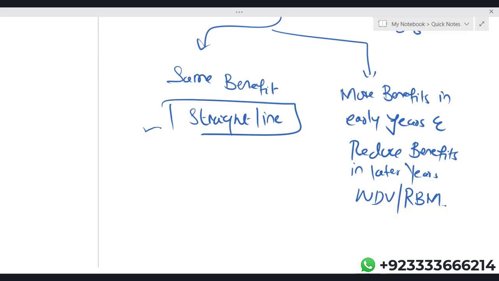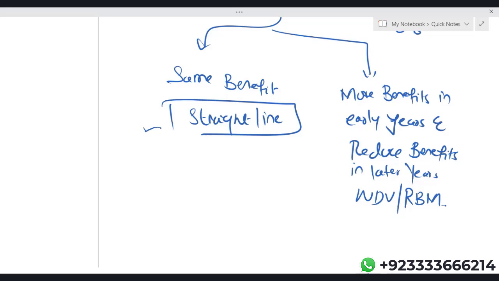So if you have realized that the economic benefit pattern has changed, you have to change the depreciation method. An important concept is that a change of depreciation method is treated as a change in estimate, and a change in estimate is applied prospectively.